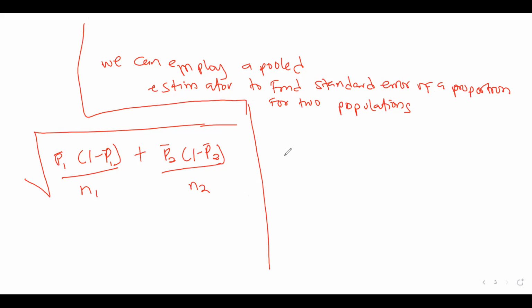So when you want to use the pooled estimator, the standard error becomes the square root of the pooled proportion times (1 minus the pooled proportion).